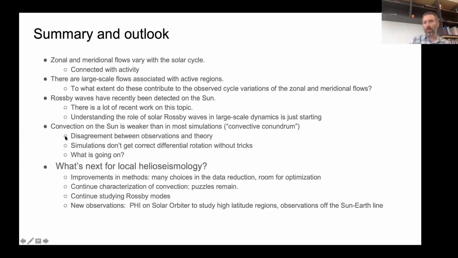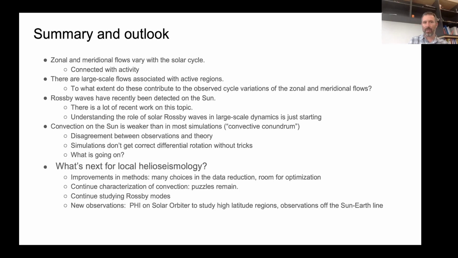So for the outlook, we've seen that the zonal and meridional flows change with the solar cycle, and that these changes are connected to activity.